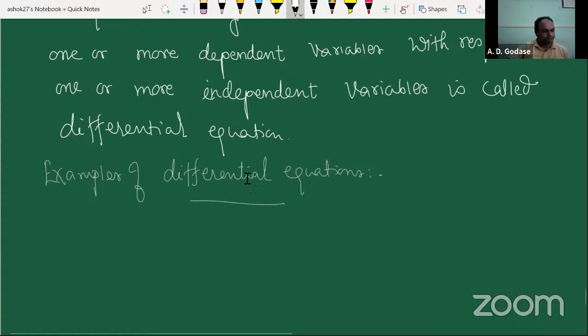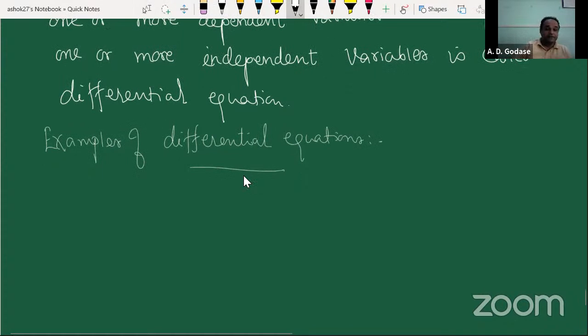First I will write dy equals x plus sine x into dx.